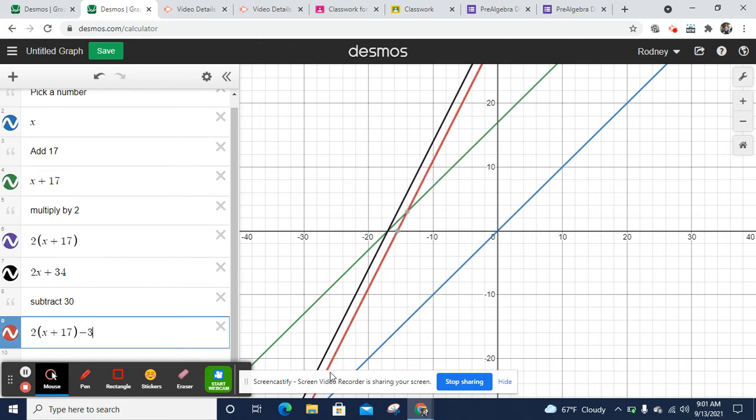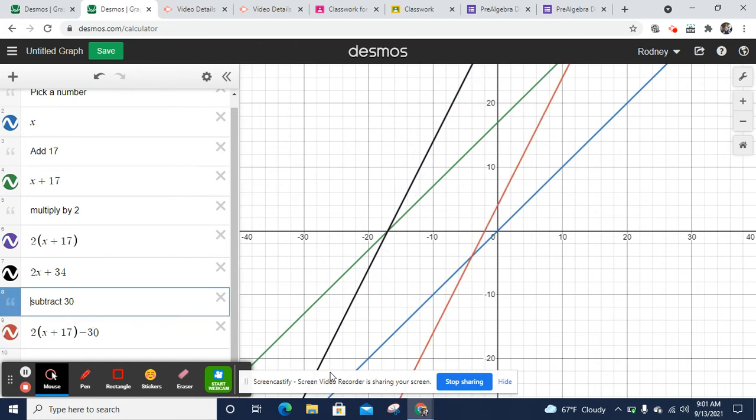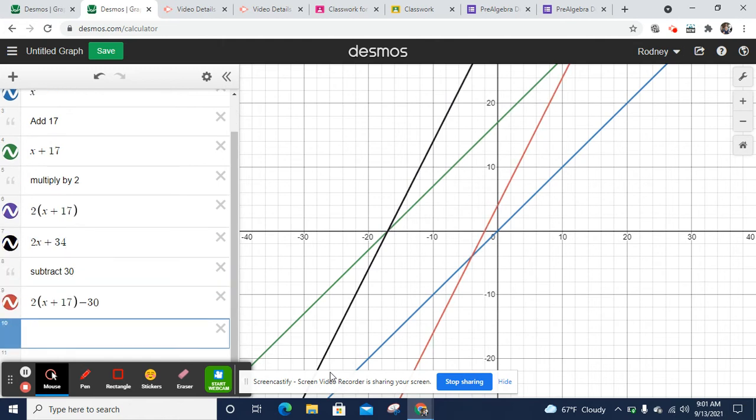And I'm going to say minus 30. Now I'm not going to do this minus 30 using that. I'm going to do it with this. So minus 30 with a simple version, and 34 minus 30. I can't really take a 30 away from 2x because those are not like terms, but 34 minus 30 is just 4.